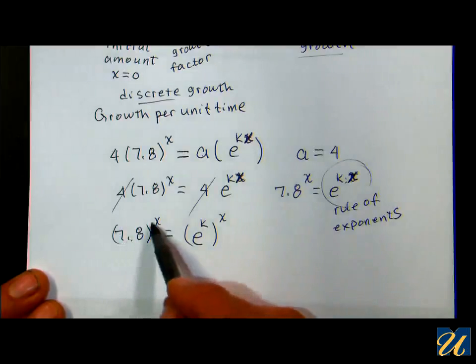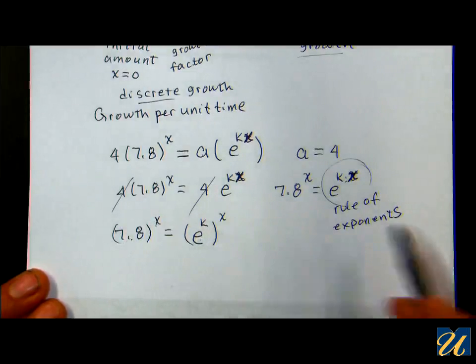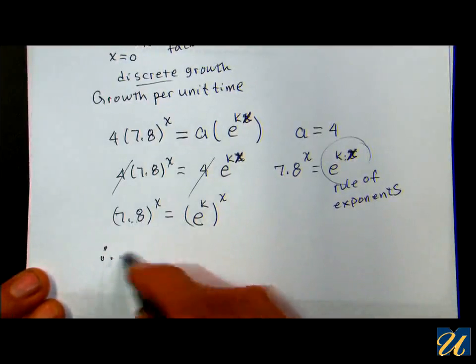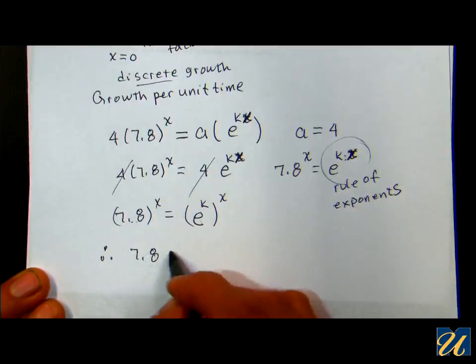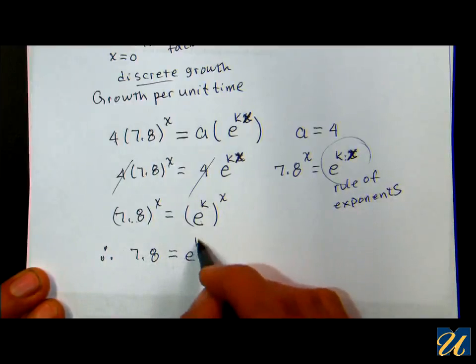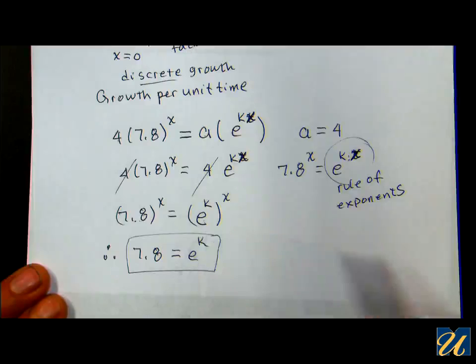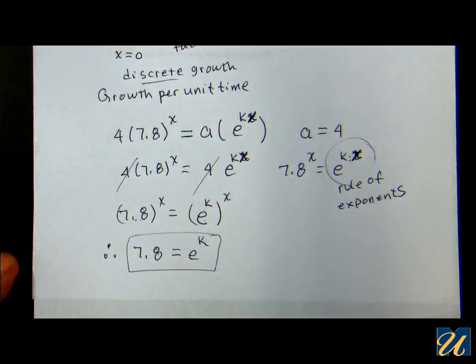Since both expressions have exponent of x, then these bases must be the same. So therefore, 7.8 must equal e to the k. This is what it boils down to after discovering that the initial amount must be the same and the variable must be the same. At the heart of it, the base here must equal the base here.